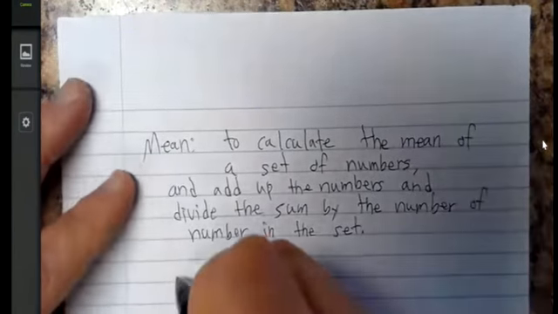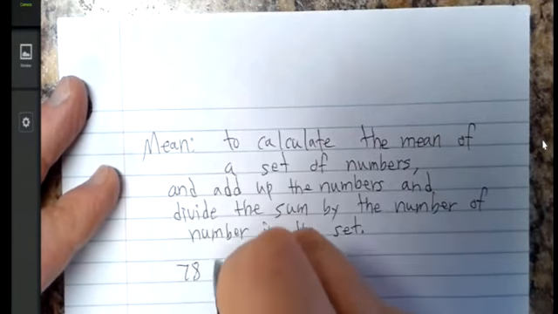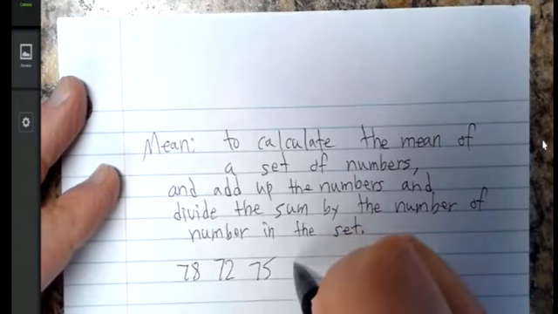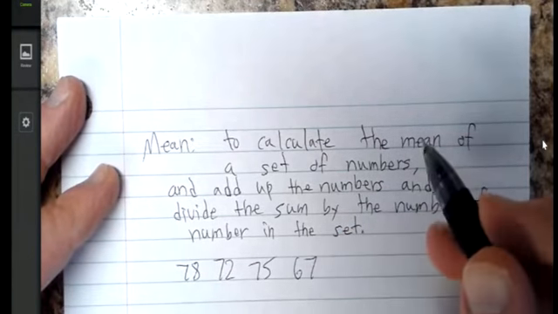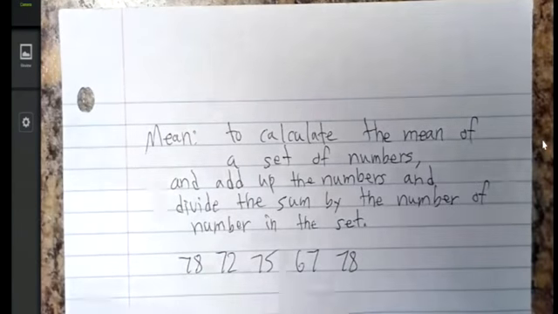And let's do an example. We have a set of numbers. We have 78, 72, 75, 67, and 78. And we'll add them all up.